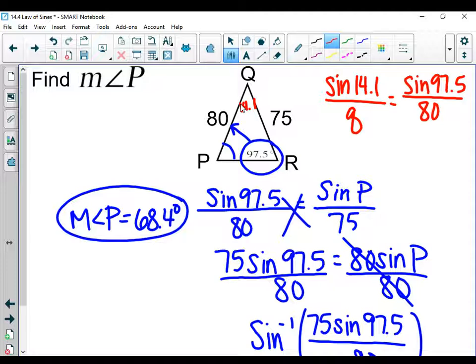Okay. I could use P if I wanted to, but in this particular case, I have to make sure that I'm able to use one that is exactly correct. Okay. So again, I would do law of sines there to figure that one out.